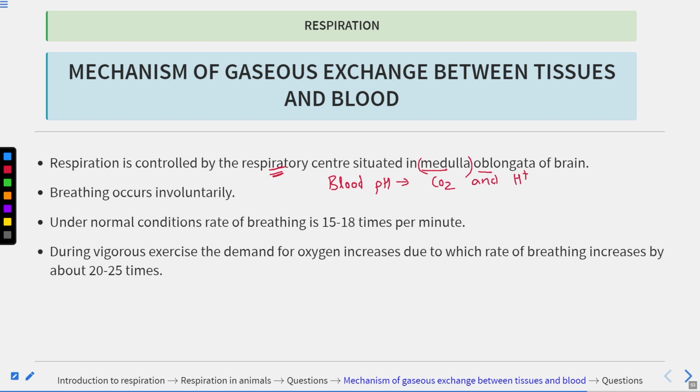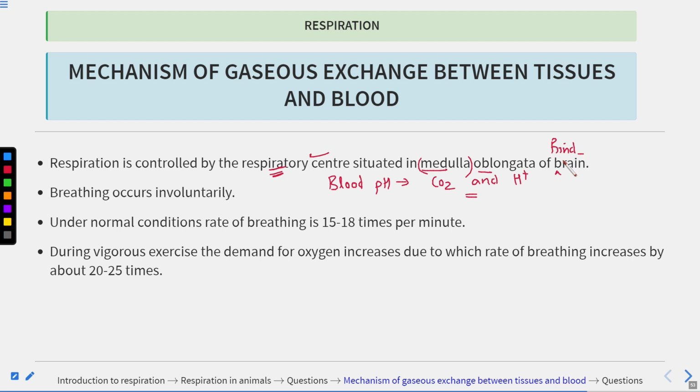Whenever there is a change in the pH, the chemoreceptors get activated. These chemoreceptors activate the respiratory centers, which are situated in the medulla oblongata of the hindbrain. The brain is divided into hindbrain, midbrain, forebrain.